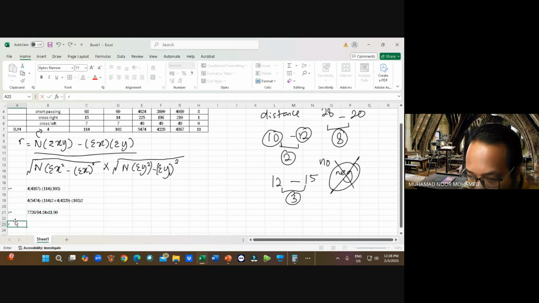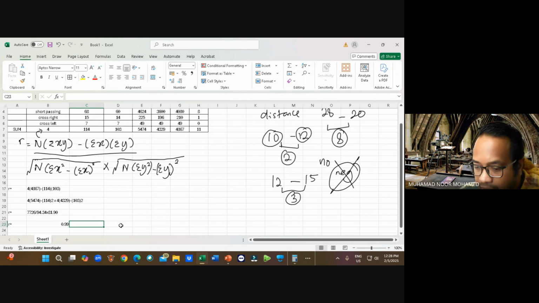So we have here R equals to 0.99. Based on this, we know that the R value is showing a high relation, which indicates it is quite high in terms of relationship between the first and the second reading.